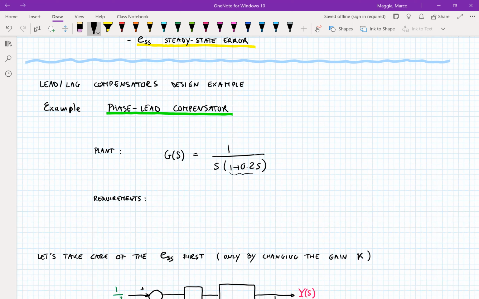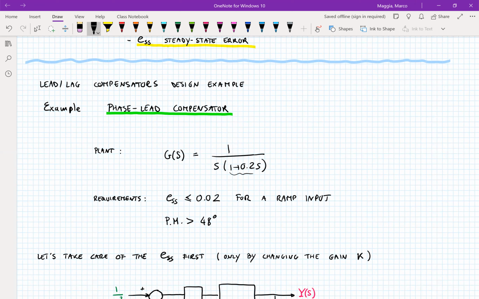And now the requirements are that the steady state error must be less or equal to 0.02 for, well, a ramp input. And then we also want the phase margin to be greater than 48 degrees.